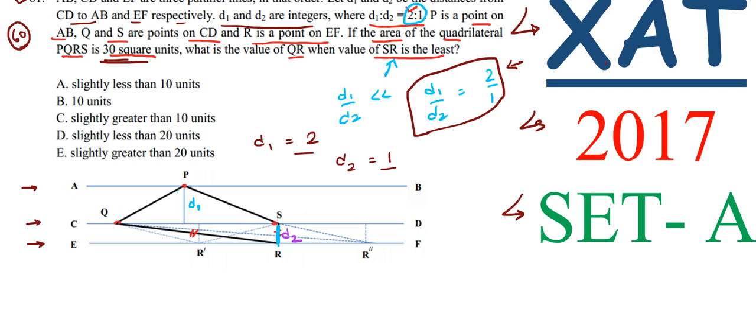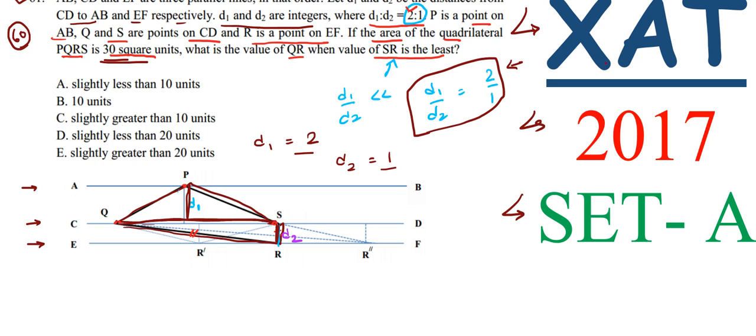So here we have a common base of two triangles, that is QPS, here we have Q, P and S, and down we have QRS, and these two triangles have the same base, that is QS. So we have height 2 here, D1, and we have height 1 here.